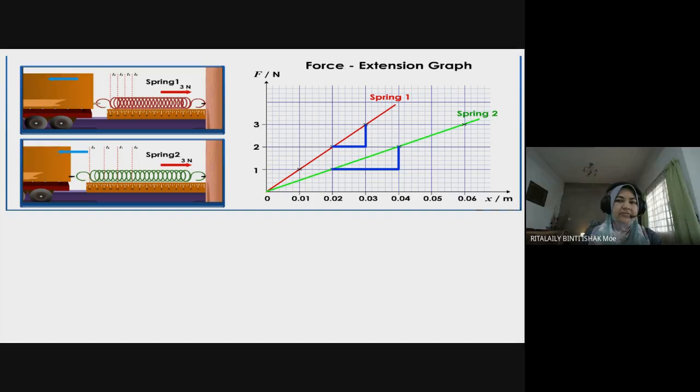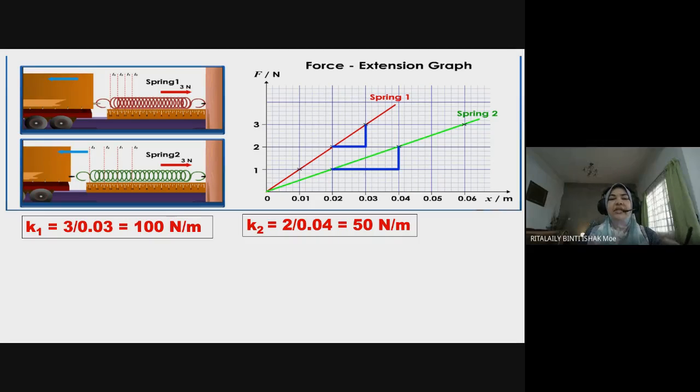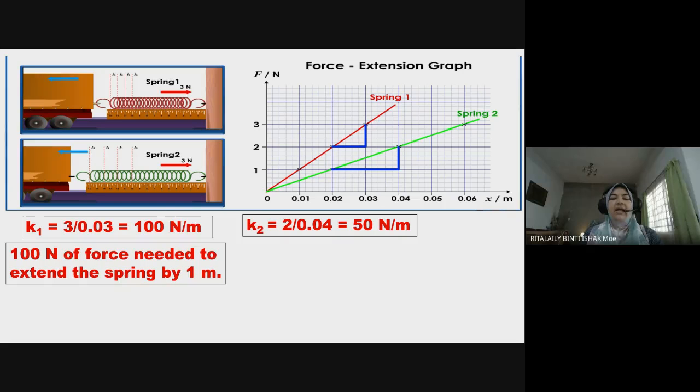So for spring 1, the spring constant is 100 Newton per meter, whereas for spring 2, the spring constant is 50 Newton per meter.